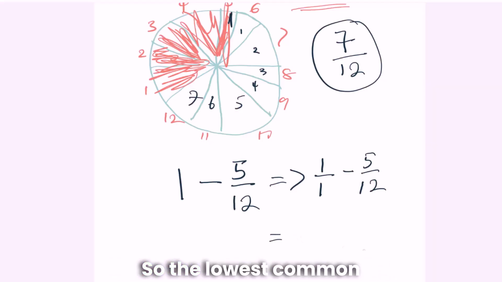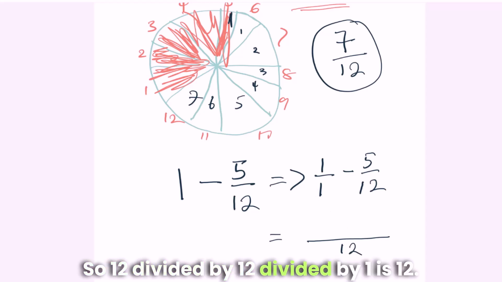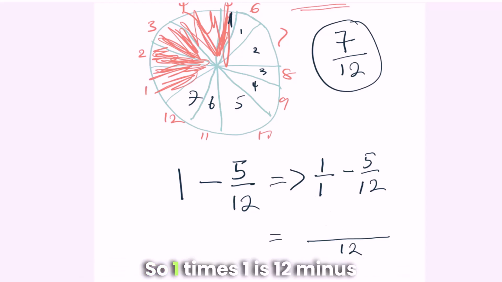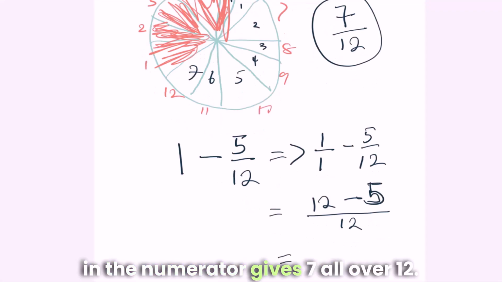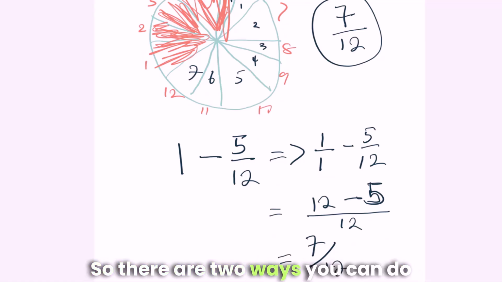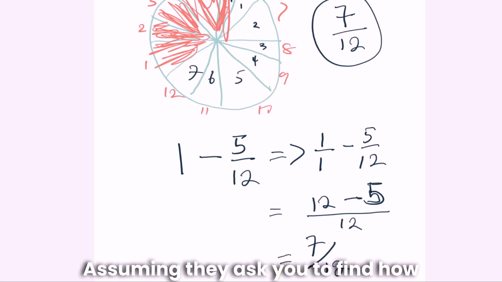So the lowest common denominator is also 12. So 12 divided by 1 is 12, times 1 is 12, minus 12 divided by 12 is 1, times 5 is 5. So 12 minus 5 in the numerator gives 7/12.